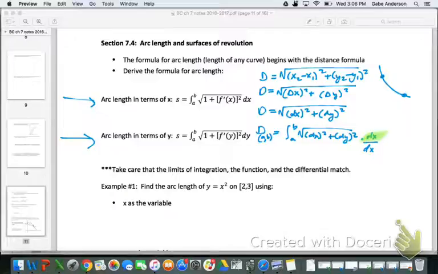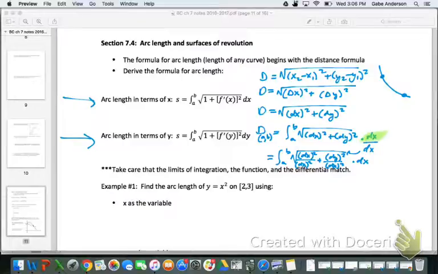Square it. So as I try to multiply this dx in, this denominator of dx, it's going to have to become dx squared, because to come out it would have to be dx. So here's what that would look like. Integral from a to b of square root, it's going to be dx squared over dx squared, plus dy squared over dx squared, and that extra dx is still hanging out outside there.